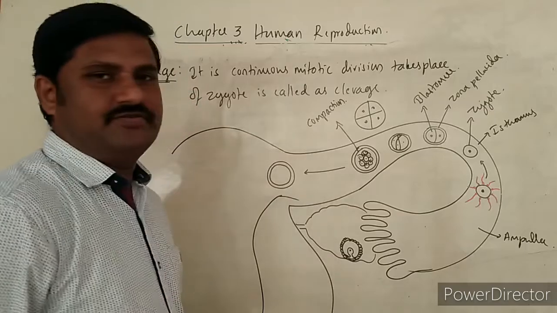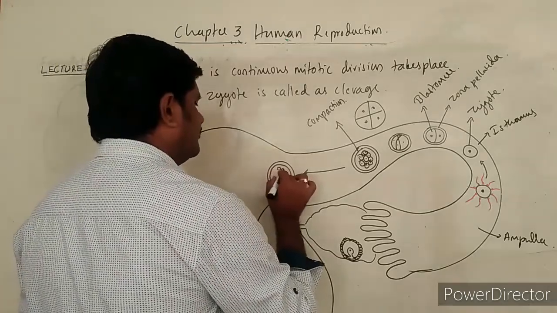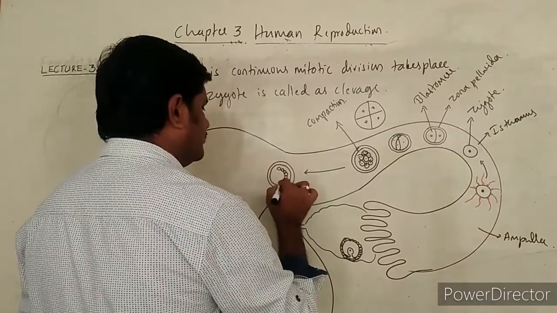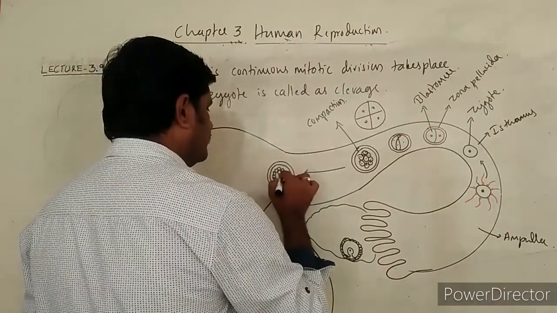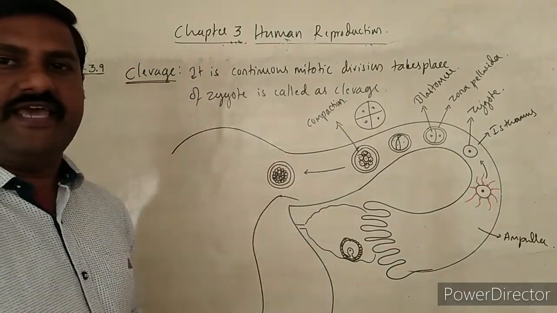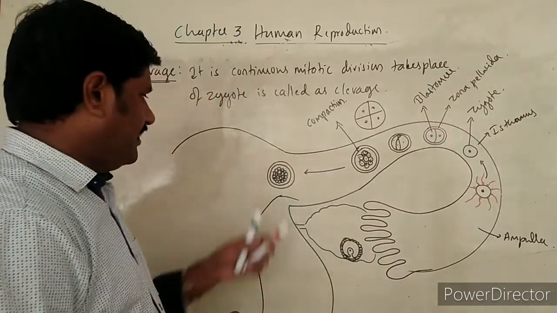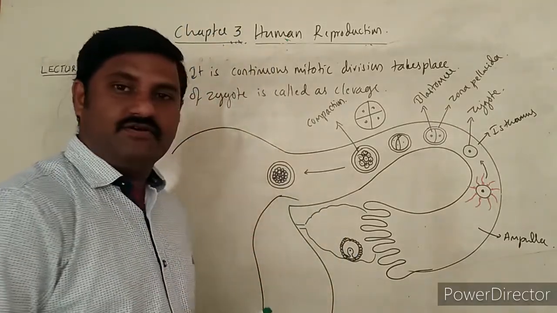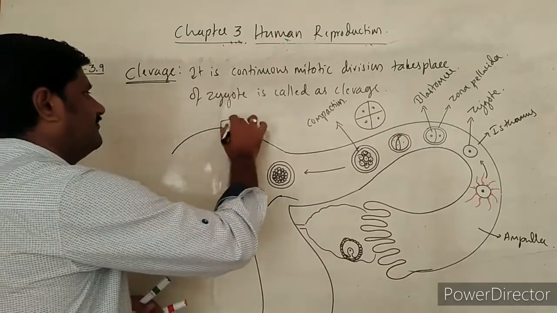The 8-celled stage occurs over here and it reaches 8 to 16 cells. And it reaches almost the uterus. This is called as fundus.